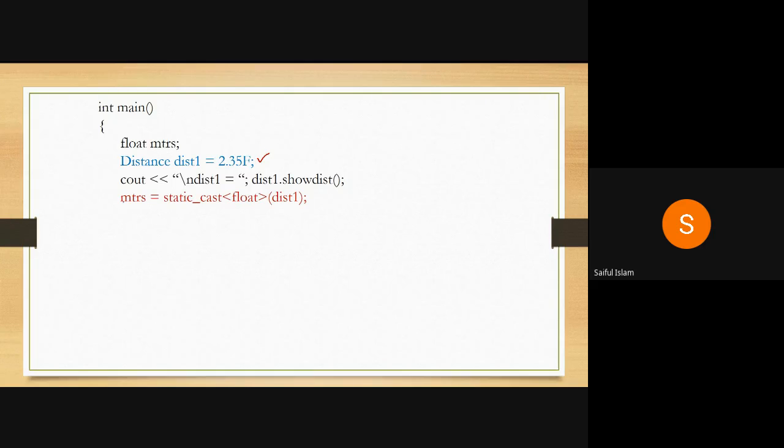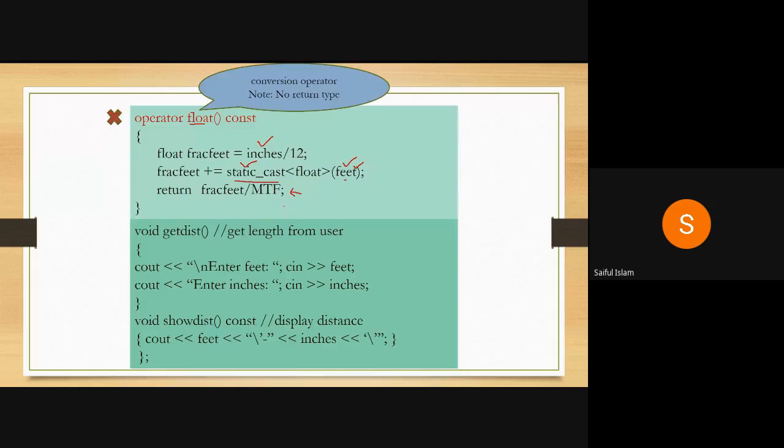Then you have meters, then you have static_cast, then float and Distance. So this is using this particular routine. I have a float, meaning I am converting Distance to a float, and this is the code for converting Distance into a float.